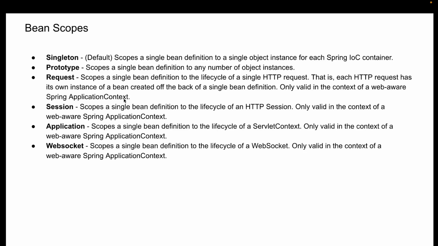Now, this third bean scope, that is the request bean scope, is heavily used in a server-client architecture. So let's say we are making some HTTP request and we want to get some kind of HTTP response.